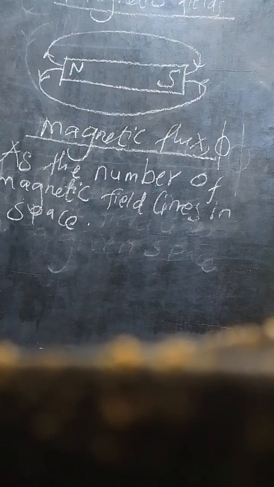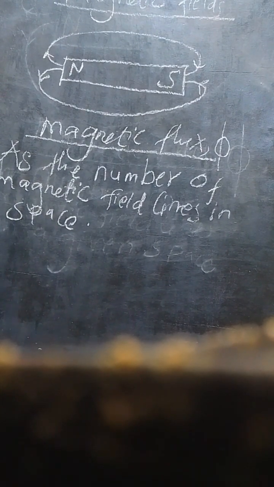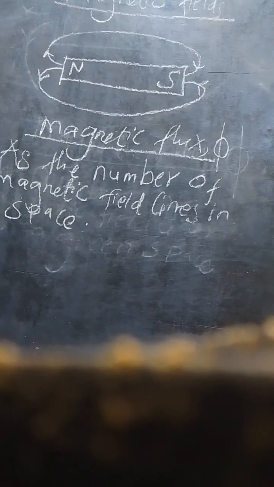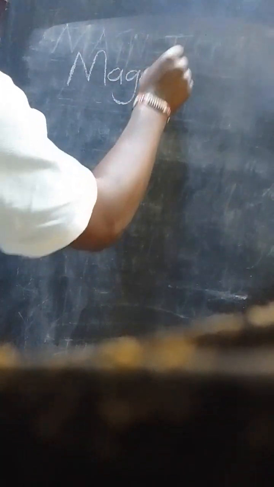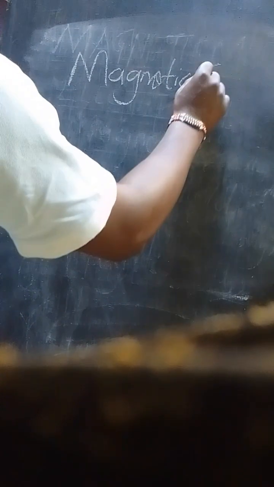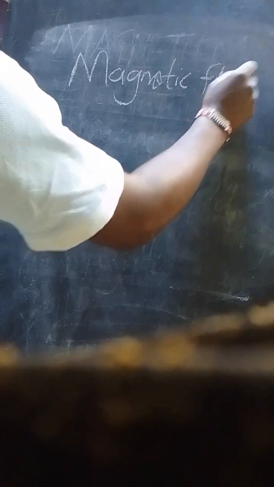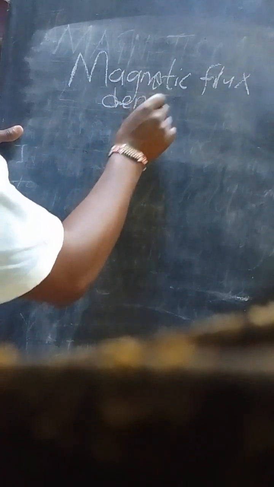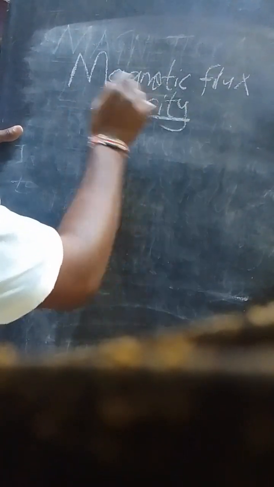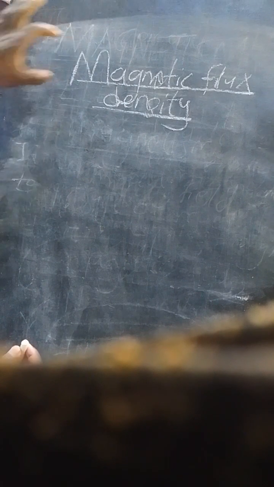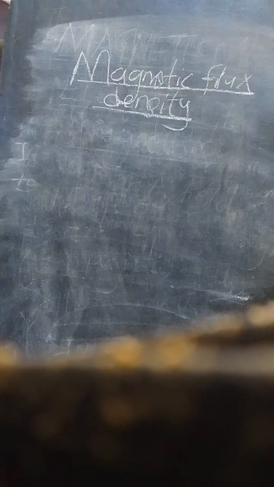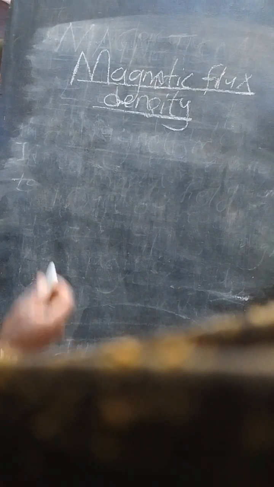Now, we want to talk about magnetic flux density. We shall define magnetic flux density as follows. Remember, we said magnetic flux is the number of magnetic field lines in a given space, and our given space was the magnet.